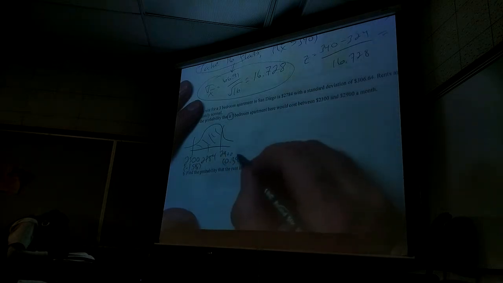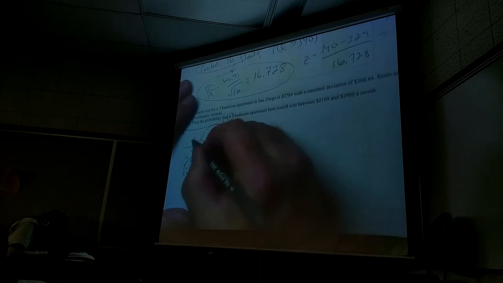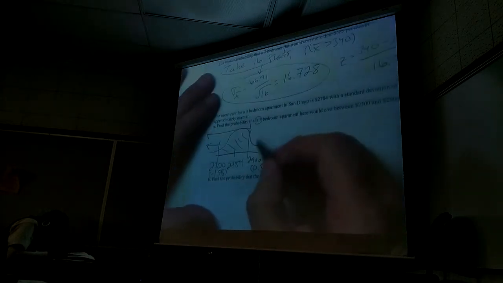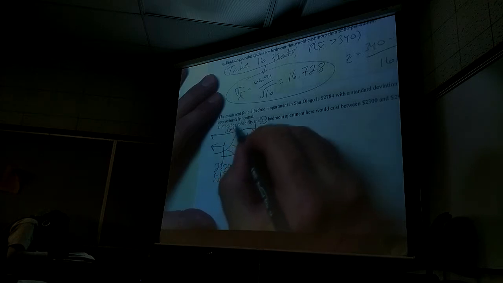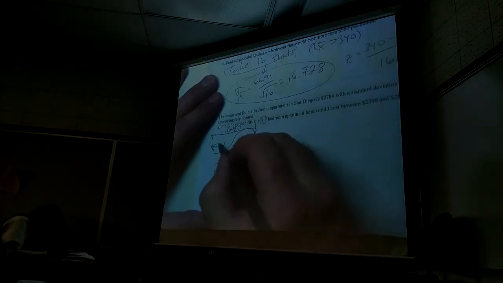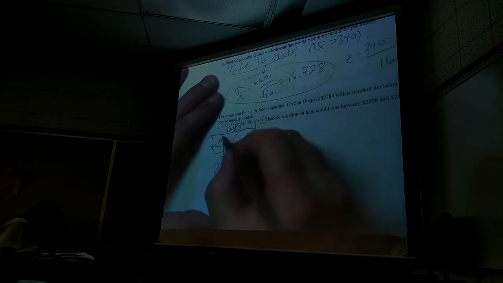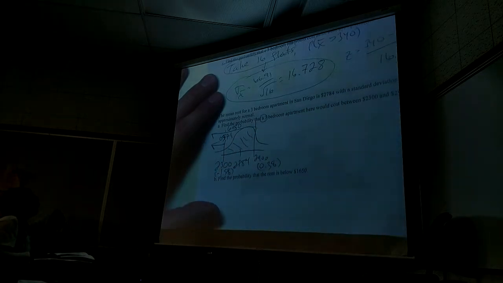0.38? Okay, so if you look up the areas for those two, what's the area for 0.38? 0.6480. And for negative 1.58? 0571, okay. And hopefully by now it makes physical sense.